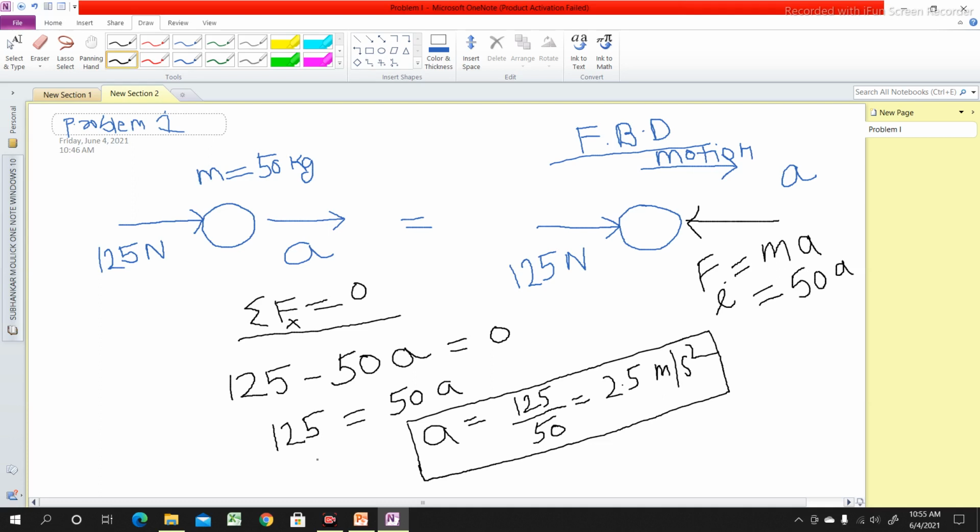And the acceleration produced in the body is 2.5 meter per second square. Very simple problem. Okay, chalo.